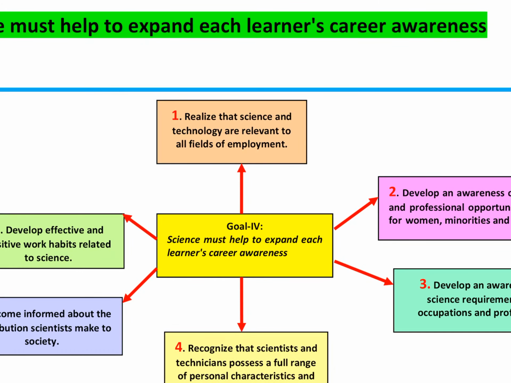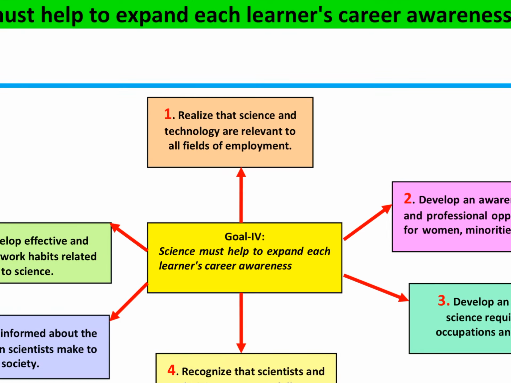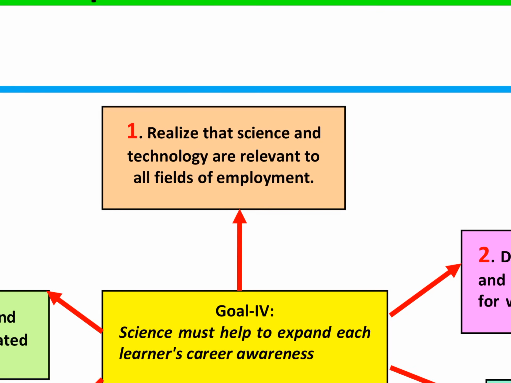When we teach science in the school, the learner must be able to realize that science and technology are relevant to all fields of employment. Any kind of employment, any type of employment, there must be the use of science and technology.